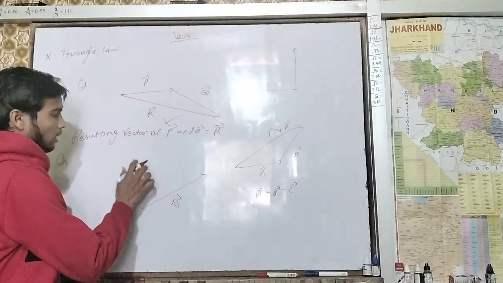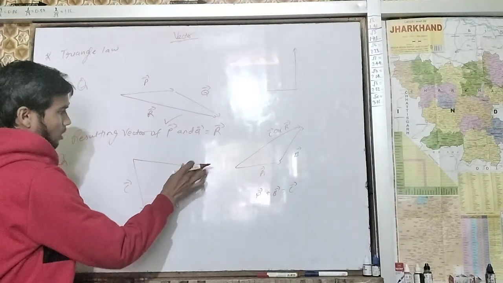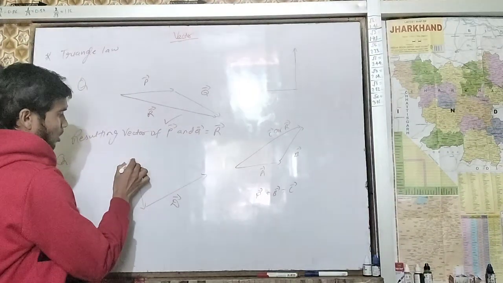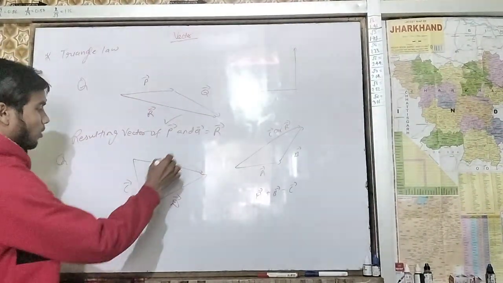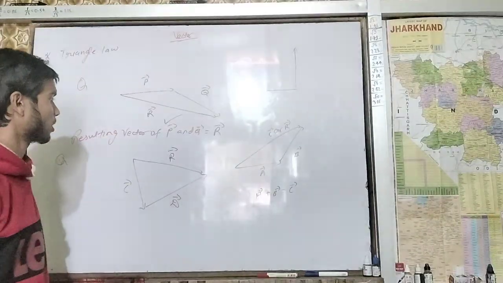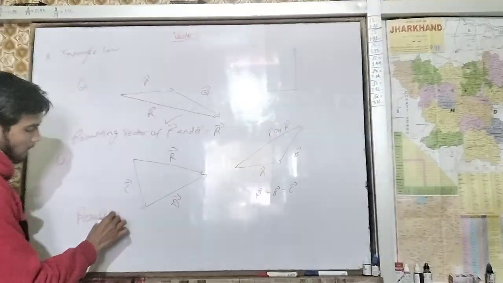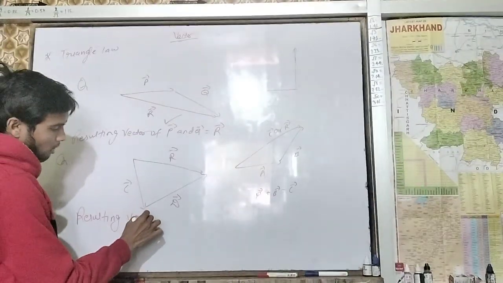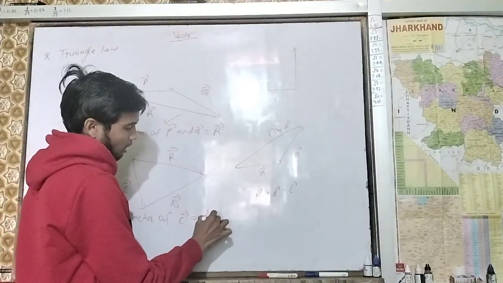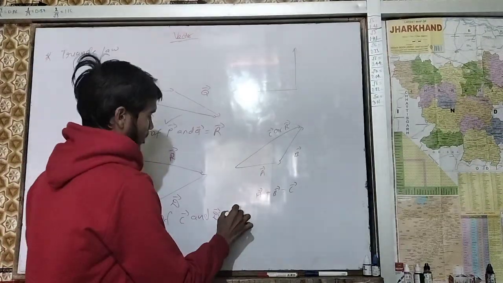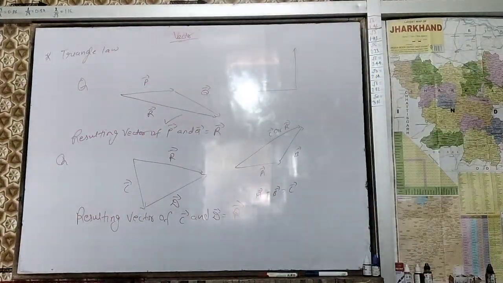No, it will be incorrect. This is the wrong order. So the order would be like this: head to head, tail to tail. This will be our resulting vector. The resulting vector of C and D is the resulting vector R.